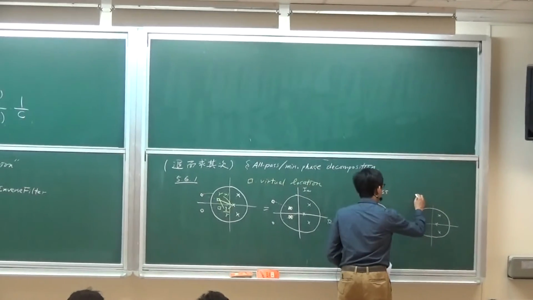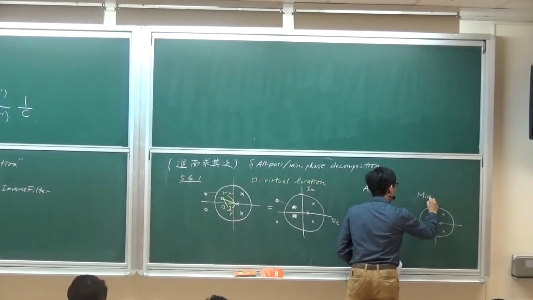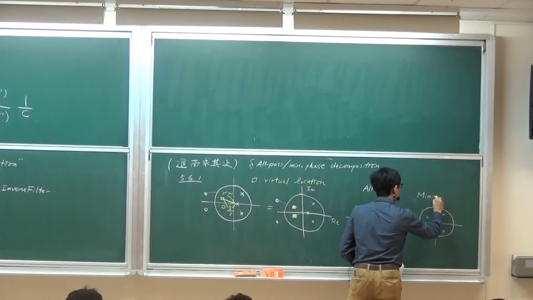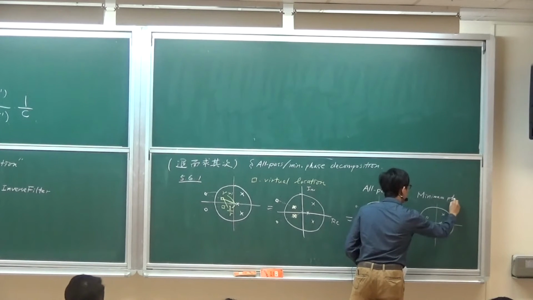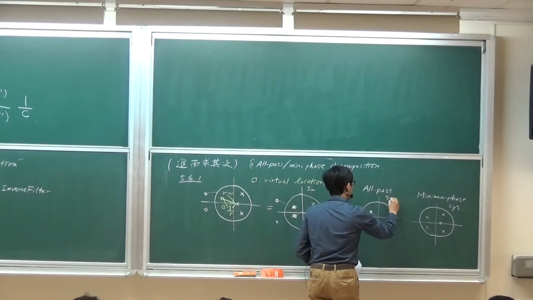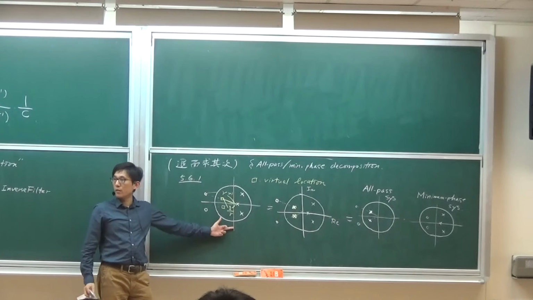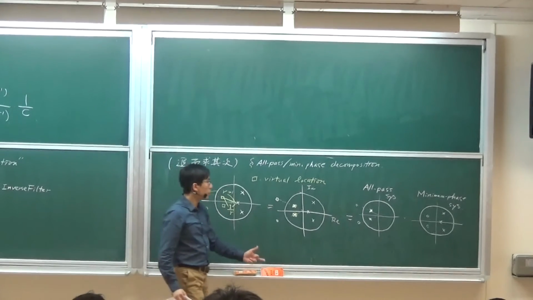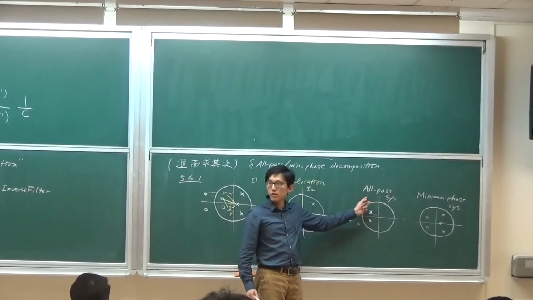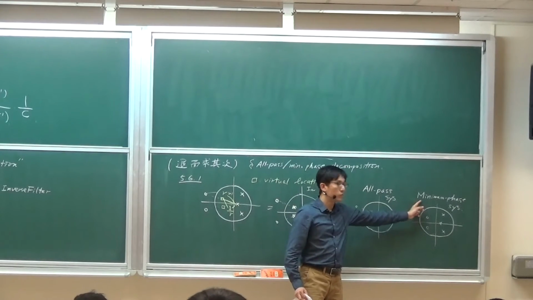And so this second part is going to be a minimum phase system, and this first part is going to be an all-pass system. We argue that the original system function can be written as the product of the system function of this all-pass system times the system function of this minimum phase system.